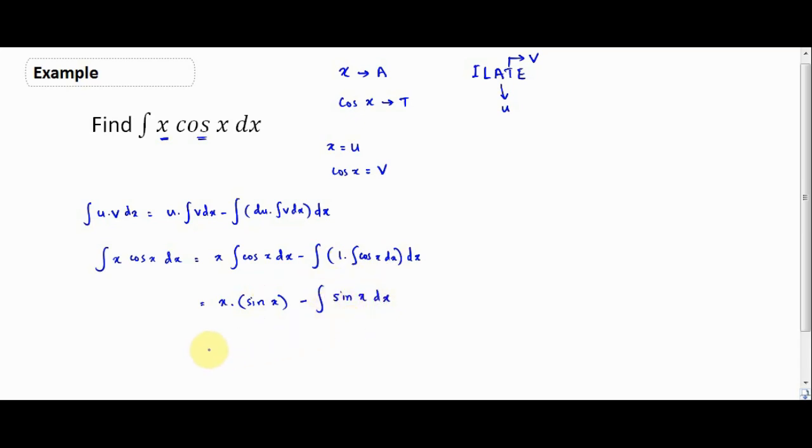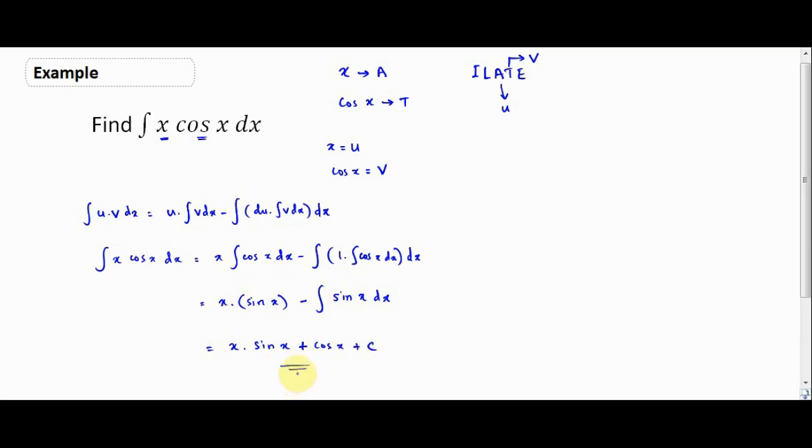Now let's complete the problem. Answer will be x into sin x. Integral of sin x is minus cos x. So that minus and this minus will get cancelled. So we will get plus cos x plus c. So this is the answer.